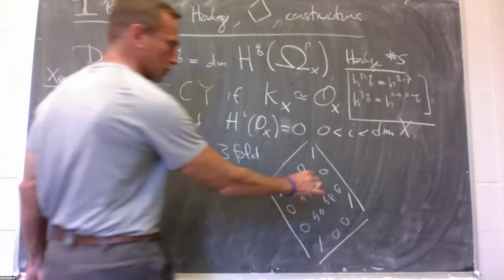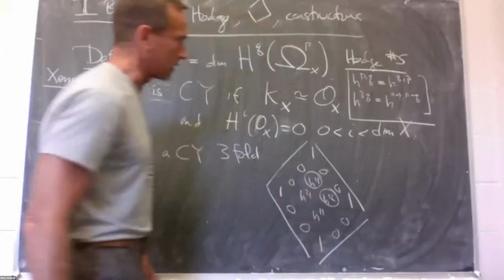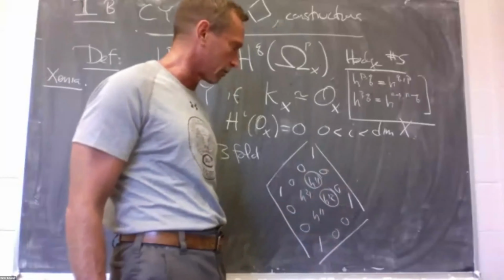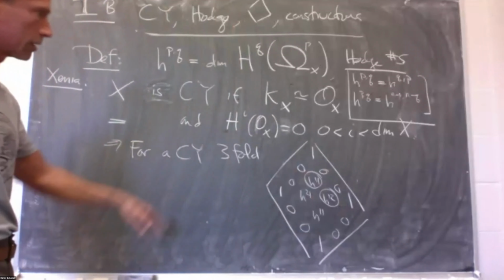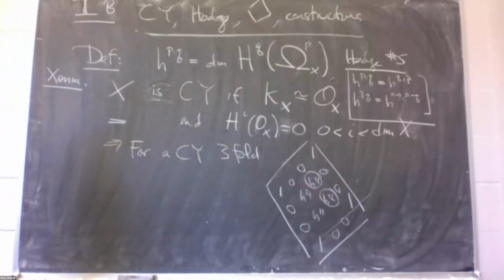The 2 interesting parameters are this dimension h^{1,1} and h^{1,2}. And again, the Hodge diamond has this symmetry. We fold it, and we completely determine everything. This condition here is exactly what's saying we have the 1s and the 0s along these edges.